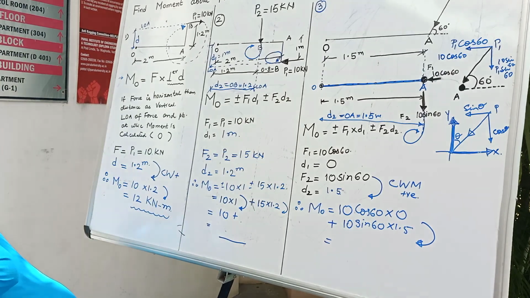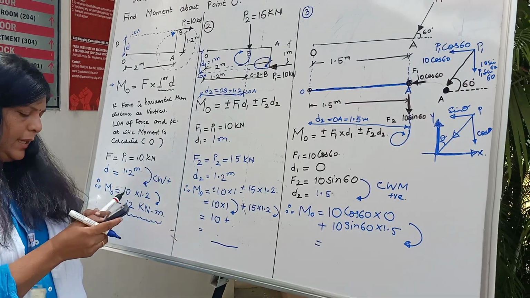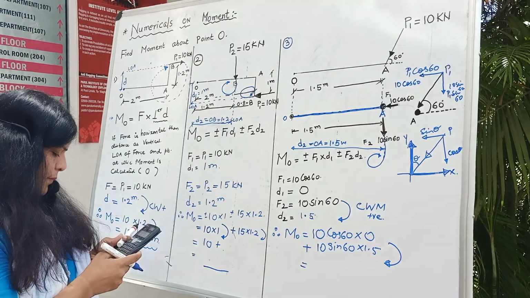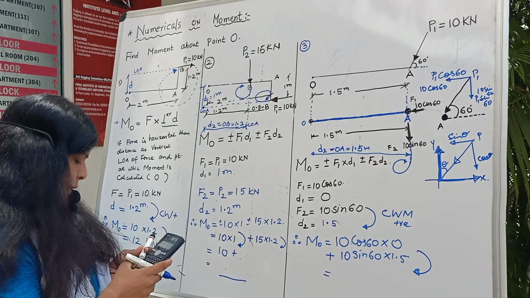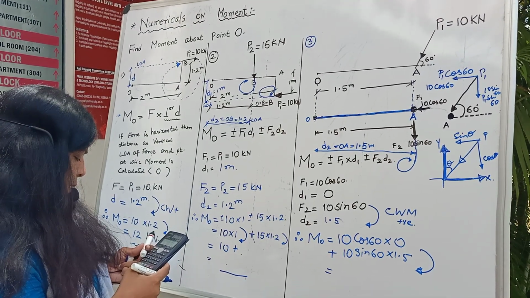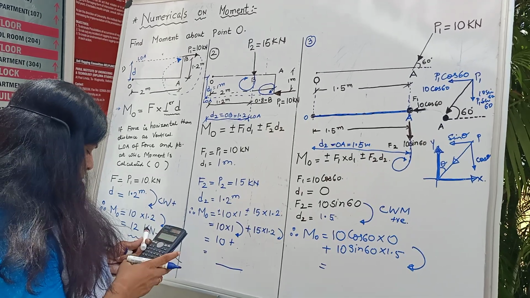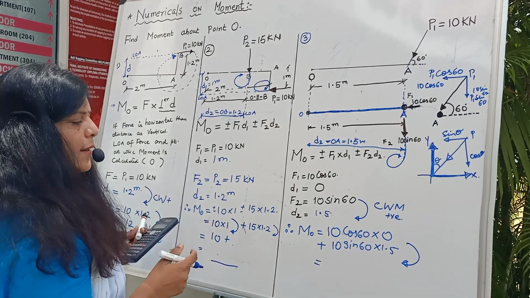So sin 60 is basically, let us check, it is 0.866.